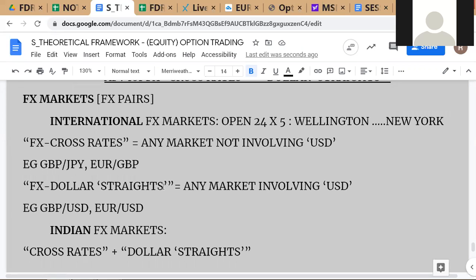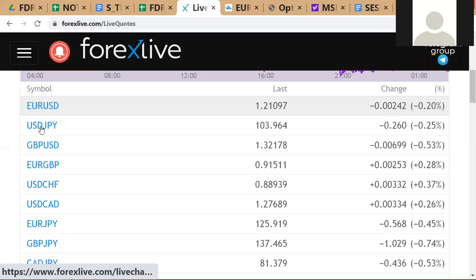It's called a straight because FX dollar straight means a straight dollar rate, which is basically to say that this is normally the convention, in that most of the activity is concentrated in the main dollar exchange rates. So these are the straight dollar exchange rates: euro versus dollar, dollar versus yen, sterling versus US dollars, dollar Swiss franc, dollar Canadian.